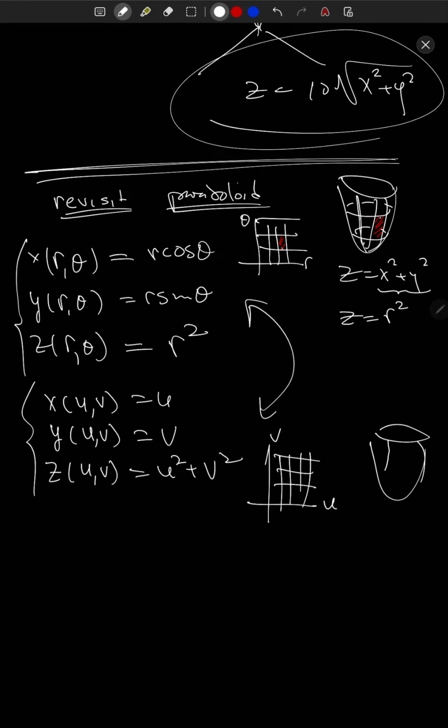So it would actually look like that, and like this. The grid would look something like that, because when you slice it, you're going to get parabolas. So these two parameterizations approach this paraboloid very differently. Of course, in certain problems you might want to use one parameterization, and in other problems you might want to use other parameterizations.